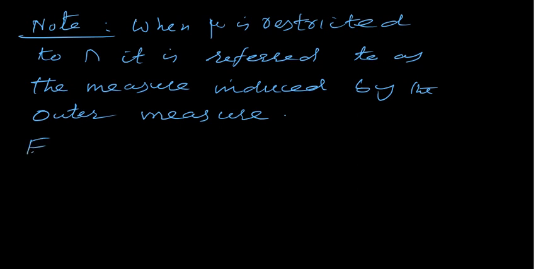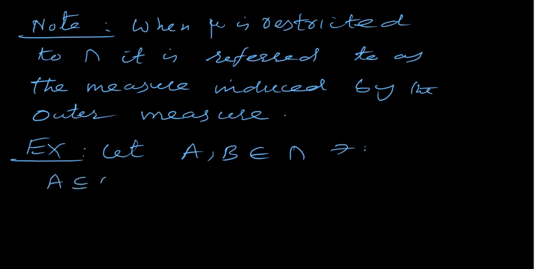So next is an exercise for you. Let A, B belong to lambda. They are measurable sets such that A is a subset of B and the measure of B is finite.